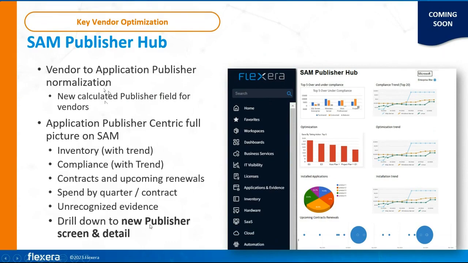the full details. So if you open the publisher screen, you will see the flat list of all application publishers, normalized application publishers. And by opening Oracle, for instance, you will get the full details as tabs on the installed applications, on the compliance, on the unlicensed installations, on the possible issues with the data quality or unrecognized evidence.